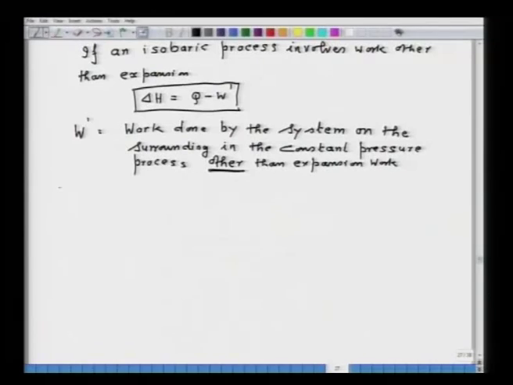Now, let us see various heat effects. What are the various heat effects?